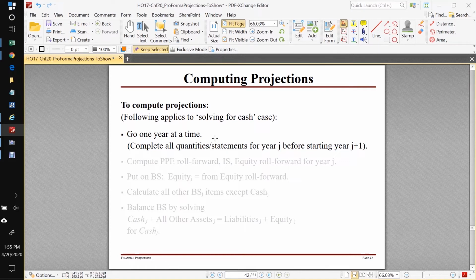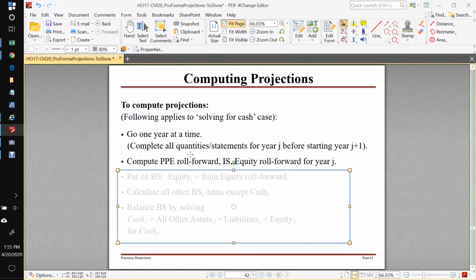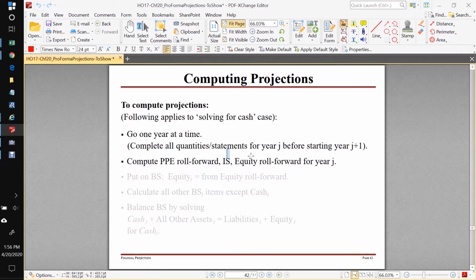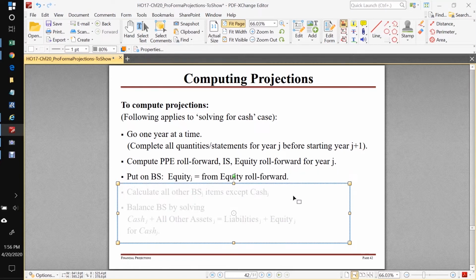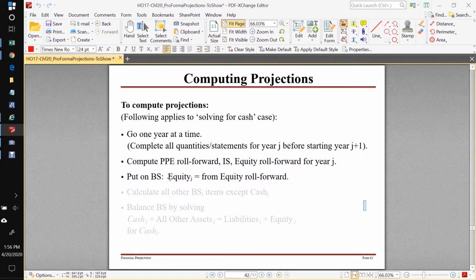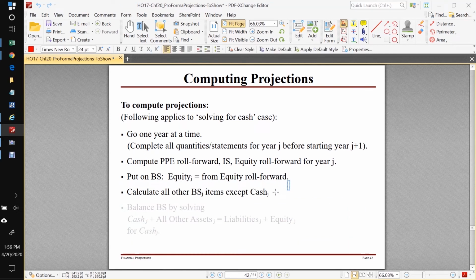So we're going to go 1 year at a time, okay? And the order we're going to go in is PPE roll forward, income statement, equity roll forward, and then we'll start in on the balance sheet. And we'll start with the balance sheet knowing what the equity at the end of the year has to be from our equity roll forward, okay? And then we can fill in everything else on the balance sheet except for cash.